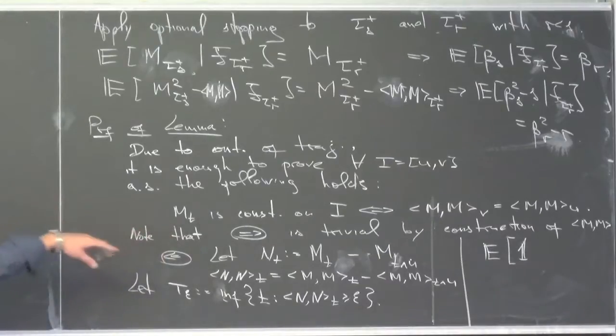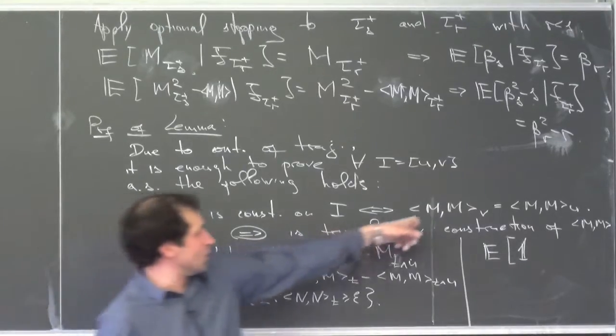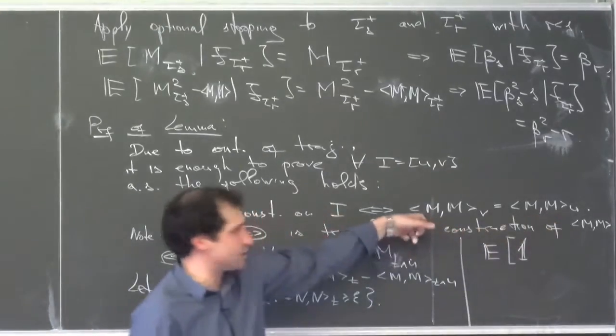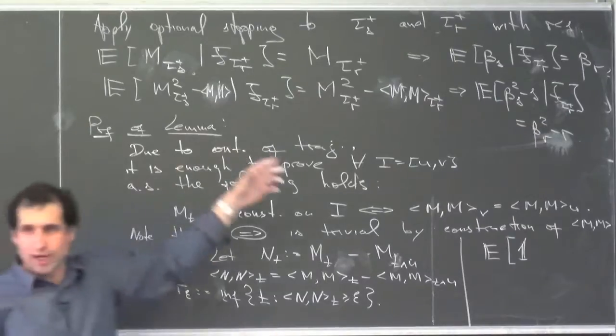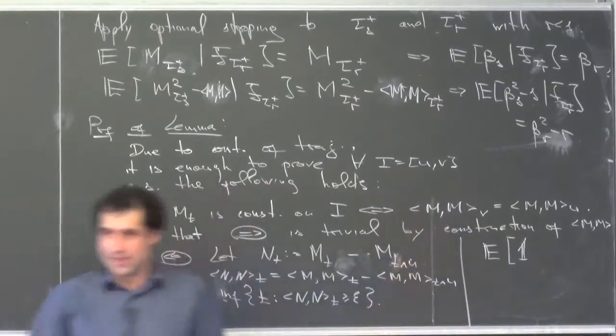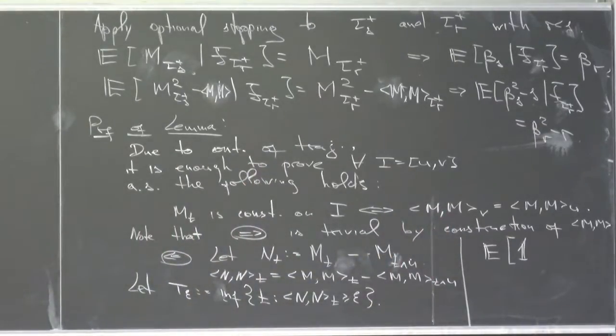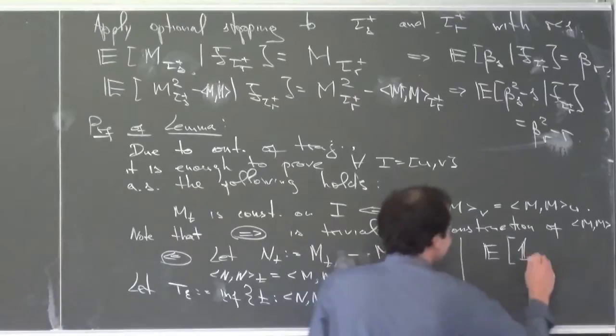What I need to prove is that if I know that the quadratic variation is constant on a subset of our probability space, then the martingale does not change along this interval on this subset. Okay? So formally, let me just try to reproduce it.